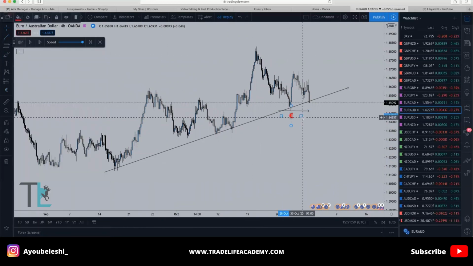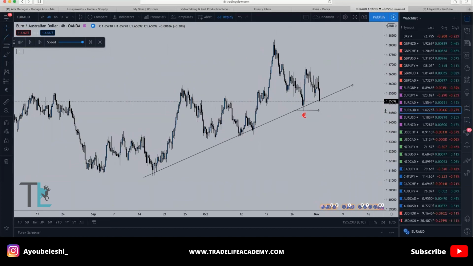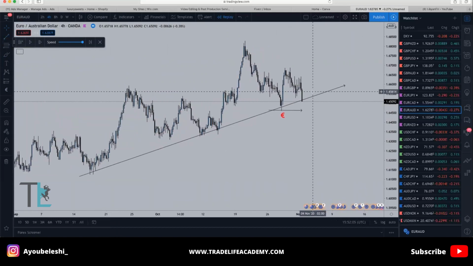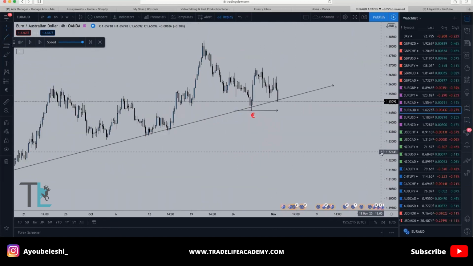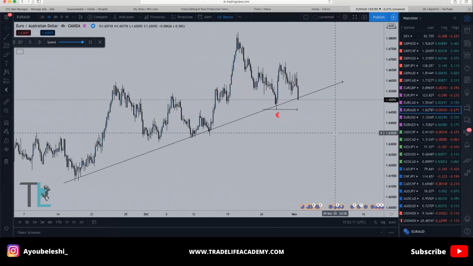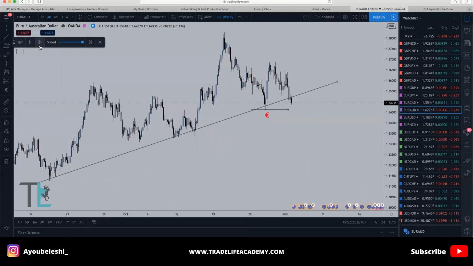So we want to identify a pool of money that the banks would love to go to, and our job is to anticipate that and get an institutional candle. So I anticipate there's going to be a breakout in that upward trend to grab this money, and then my job is just to find an institutional candle that I would love to enter from. All right, so let's see what happens.